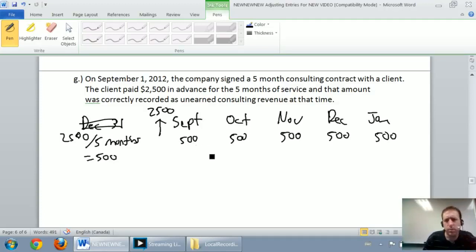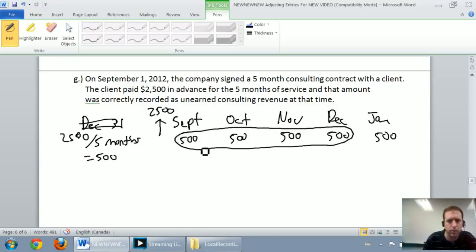So we've got to say, how much have we actually earned from September 1st to December 31st? The answer is, well, we've earned these 4 months worth. We've earned 4/5 of the revenue. We've actually earned $2,000. So we recorded this amount, $2,500, as unearned revenue. And remember, unearned revenue is a liability. Well, now we're saying we've earned $2,000 of it.